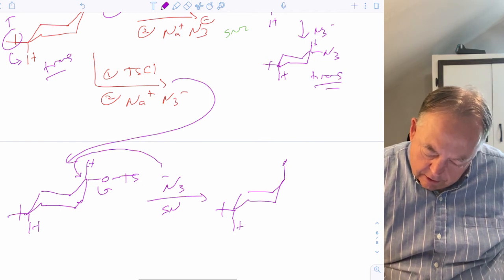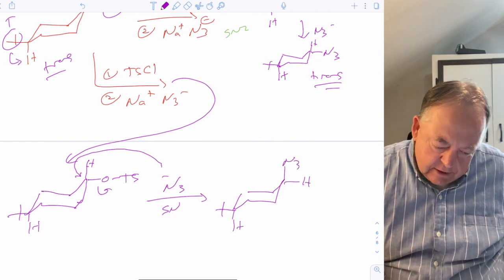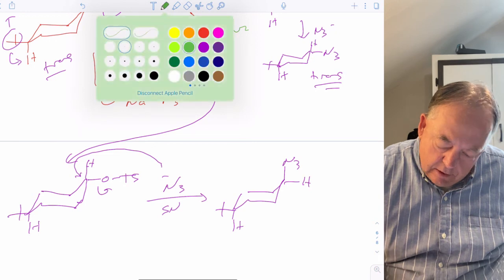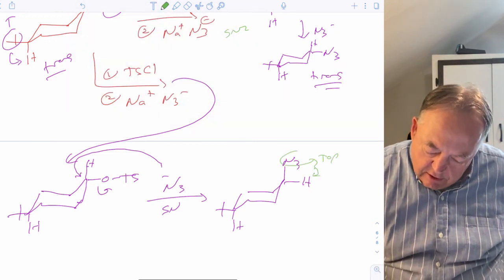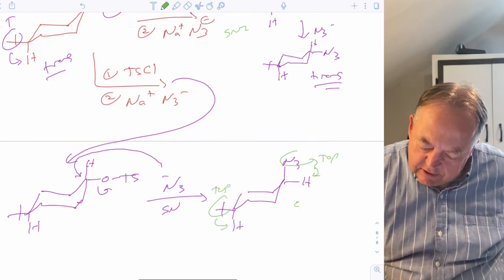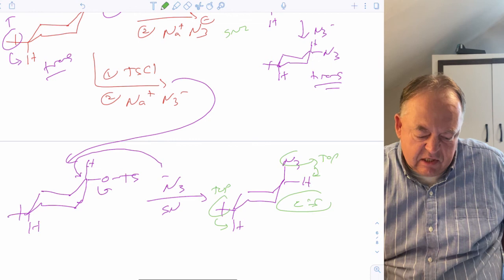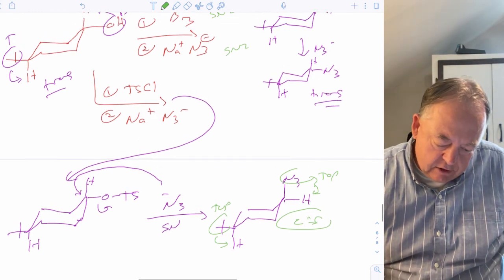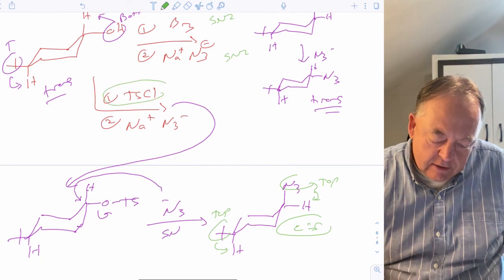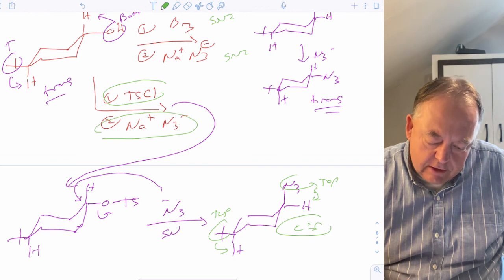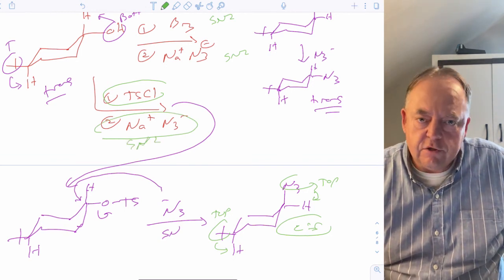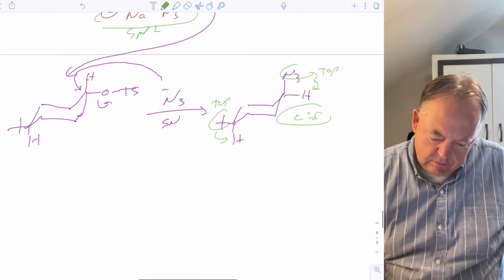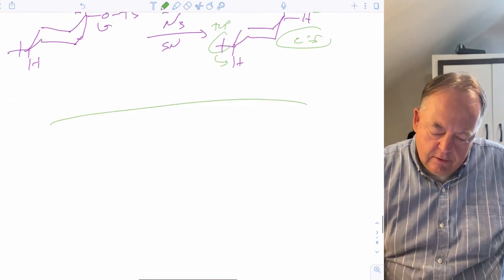And so now you would end up with that, which is now the cis isomer, right? Because this is on top of hydrogen, and this is on top of hydrogen, so this is the cis isomer. Because this is not two SN2 reactions. The first reaction with tosyl chloride is not SN2. It's when you replace the tosyl, that's when it's SN2, so you'd only do one inversion in this case. Okay, we'll stop there.